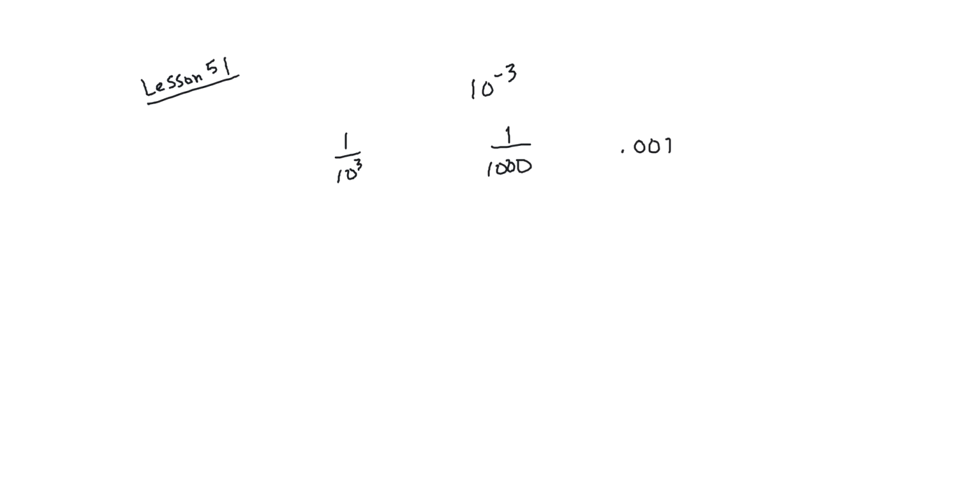What have we learned when we divide by 1 followed by some number of zeros? If you divide any number by 1 followed by a certain number of zeros, you basically take the decimal in the number that's in the numerator and you move it to the left the same number of places as you have zeros in the number that's in the denominator.